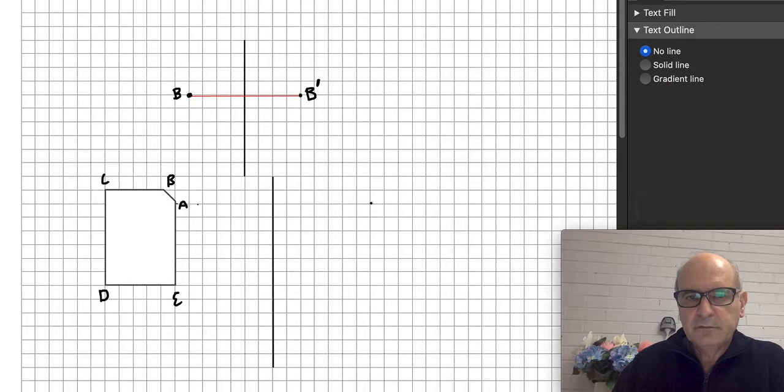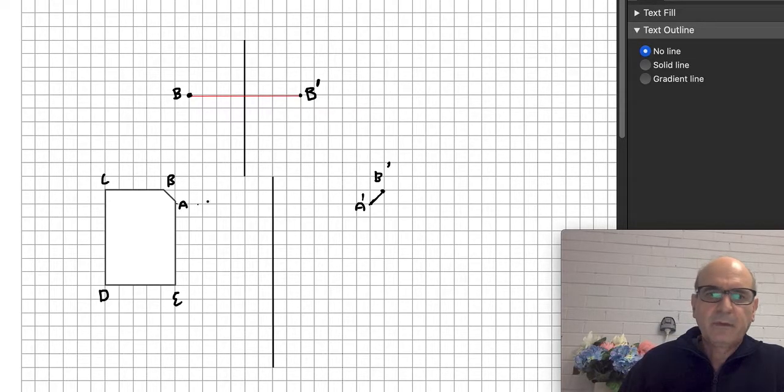I get to this point. Now this point is going to be A dash, which is reflection of point A. Then similarly I do with B, and I get, say, something like that, this point B dash, and I complete all of this and I get my reflection.